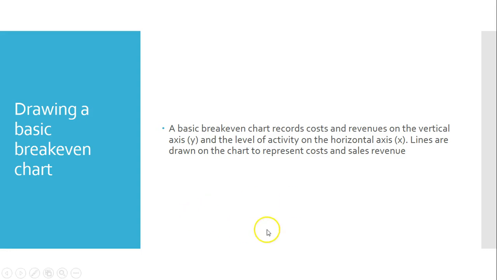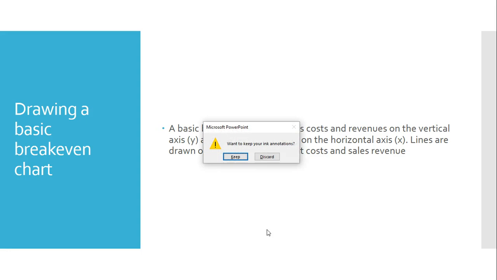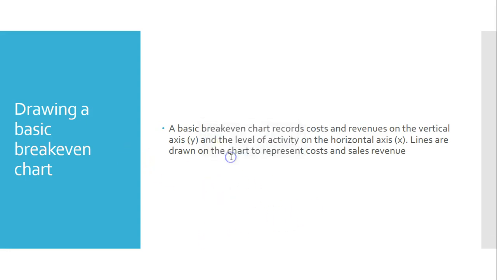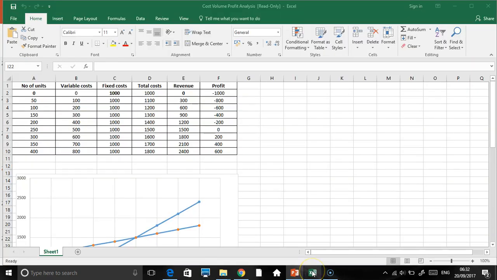Now, break-even charts. A break-even chart shows this relationship, and I've actually created one using Excel. Just to really highlight everything, I've done the full thing, so you can see and understand what's really taking place.